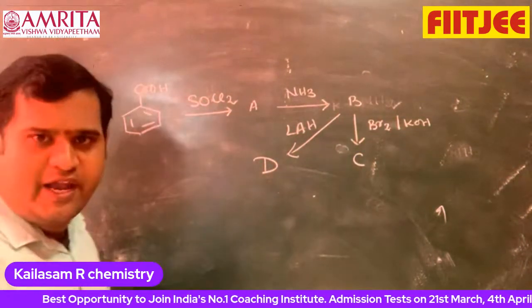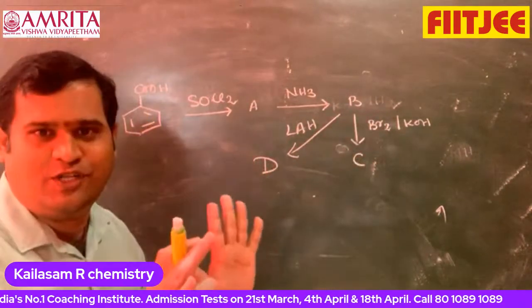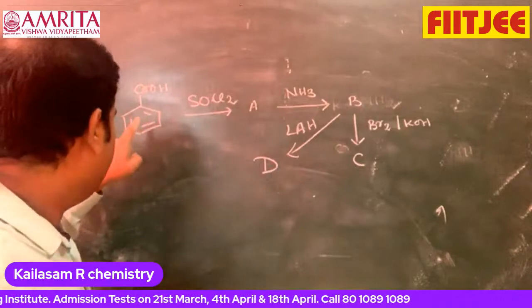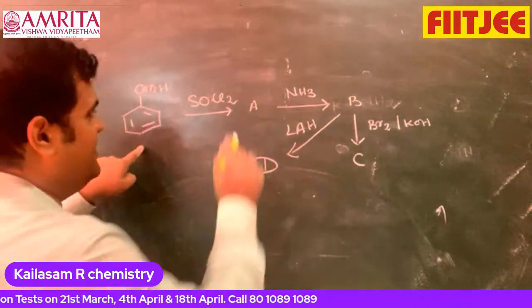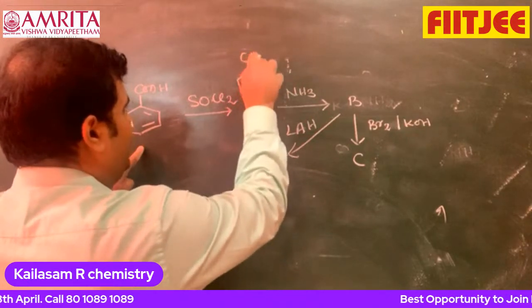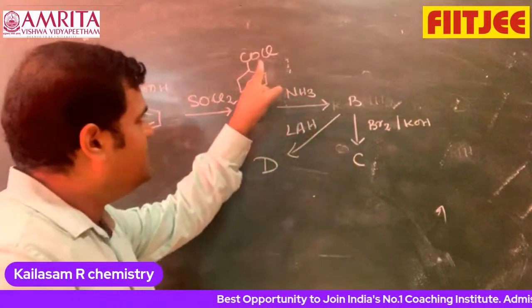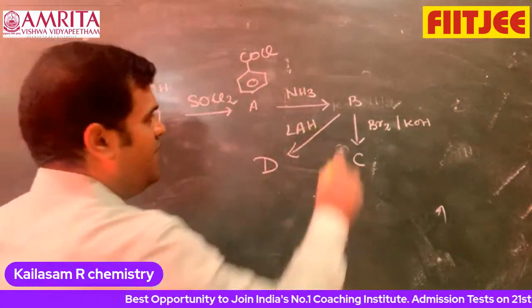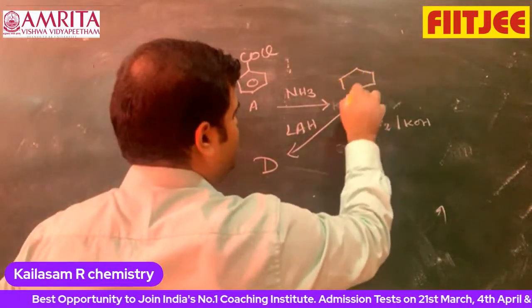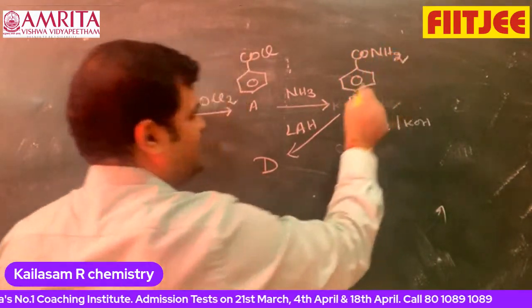Now they will ask you, can you arrange in increasing order of basic nature of B, C, A? That's what they will ask you. This is benzoic acid, this is benzoyl chloride, COCl. Acid chloride reacting with ammonia, what is going to form? Amide. This is amide.